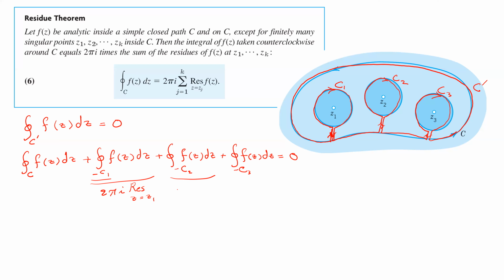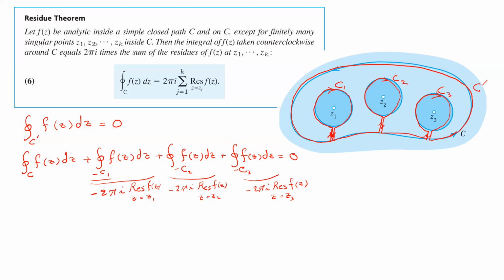This one becomes negative 2 pi i times the residue of f(z) at z equal to z2. This one becomes negative again, negative 2 pi i times the residue of f(z) at z equal to z3.